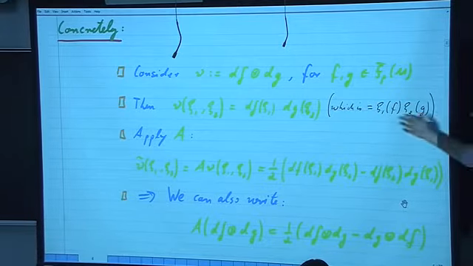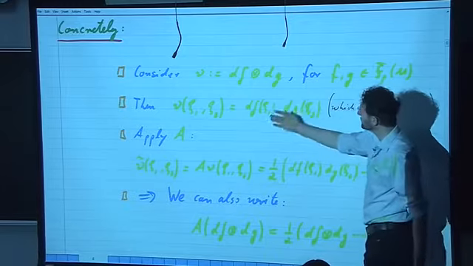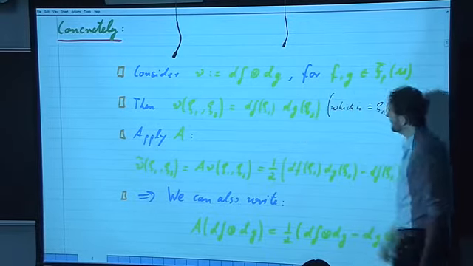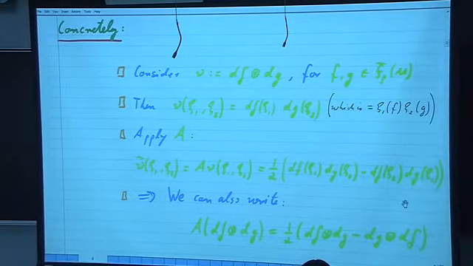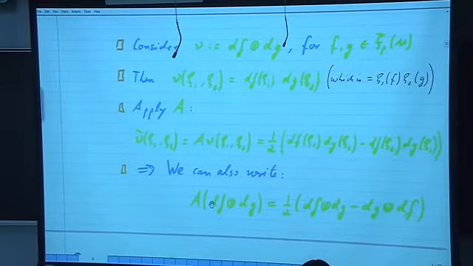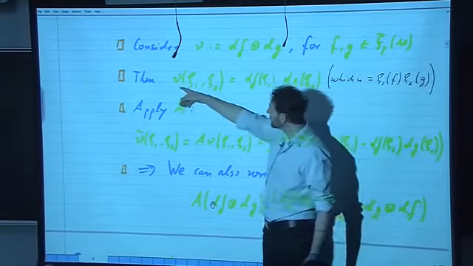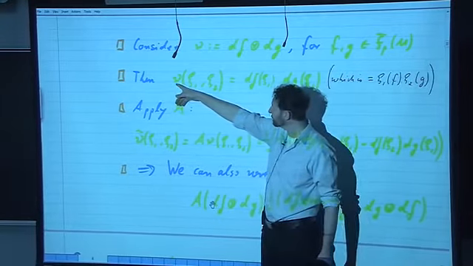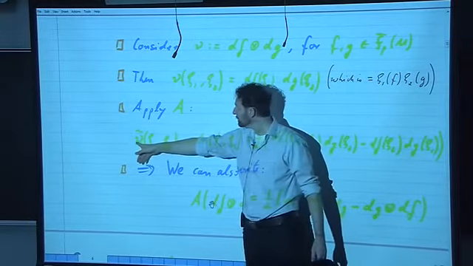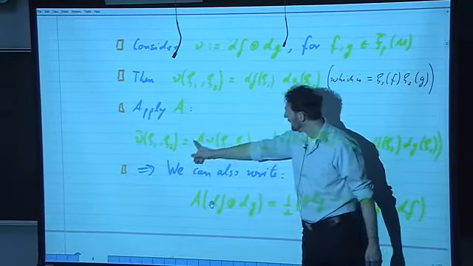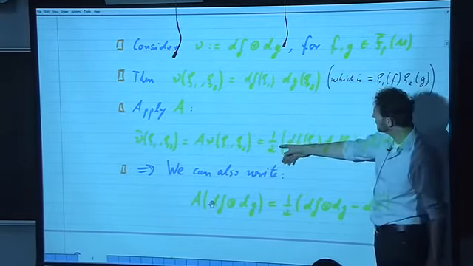So that's not symmetric. It's not antisymmetric under the interchange of xi1 and xi2. So we apply the antisymmetrization operator, and then we obtain a new tensor of rank 0, 2, one which is antisymmetric, the nu tilde. Nu tilde is A nu, and it is by definition 1/2.